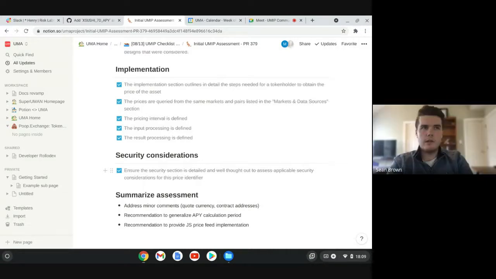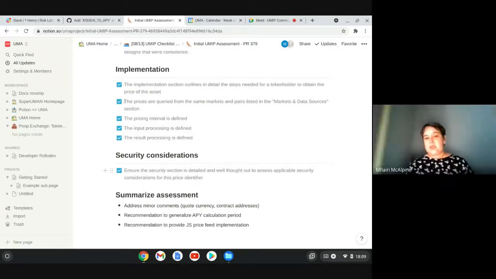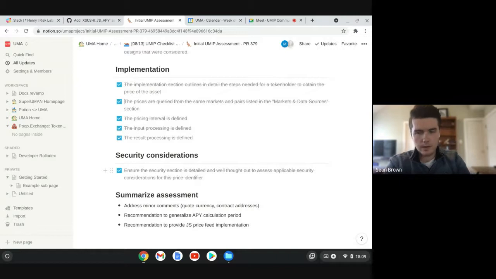Okay, so two strong recommendations. For LSP contracts, this really isn't necessary until they actually have a price request, which is probably a few months down the road.